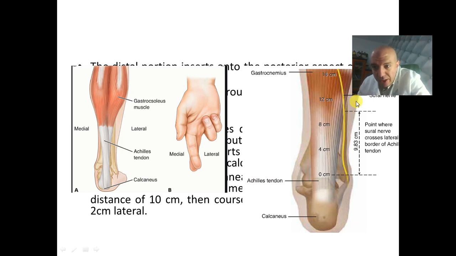So if I do a MIS percutaneous procedure, it will mostly be injured at this level when I take a stitch here. So don't forget the spiral arrangement and its importance and the location of the sural nerve.